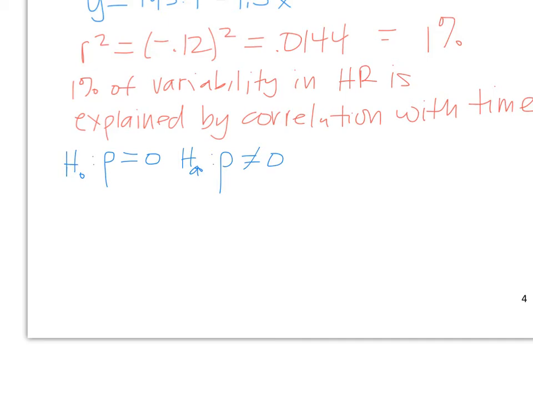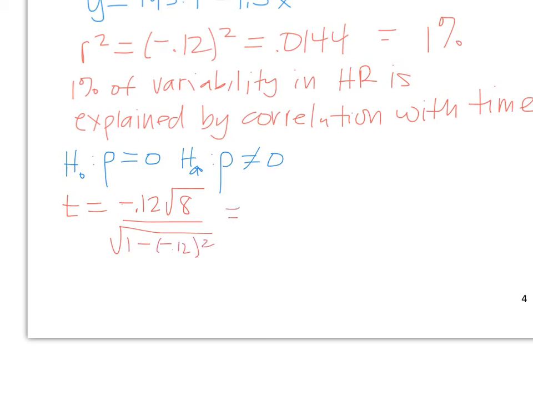So let's calculate the test statistic. So we got t equals negative 0.12 times the square root of, our sample size is 10, so subtracting 2 from that, square root of 8, all over square root of 1 minus negative 0.12 squared.